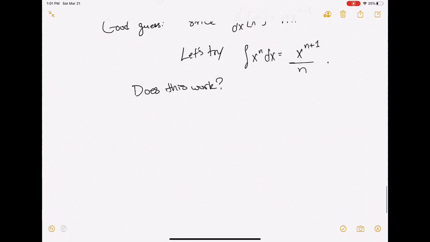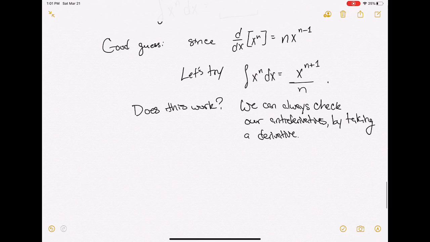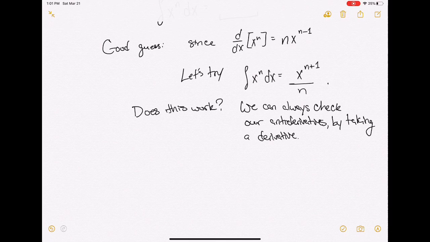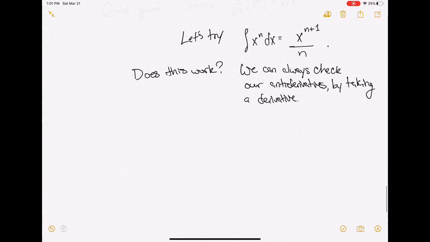Well, we can always check our antiderivatives by taking a derivative. So what I mean by that is if I take a derivative of this x to the n plus 1 over n, hopefully I recover x to the n.